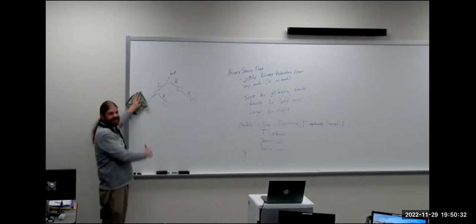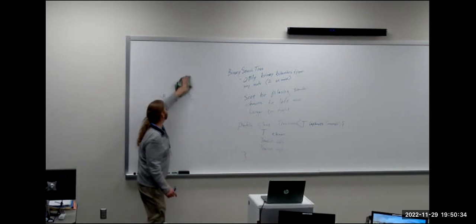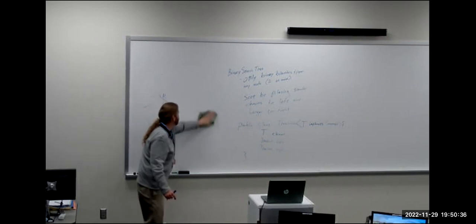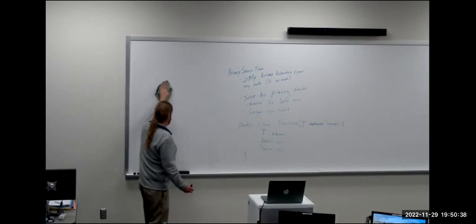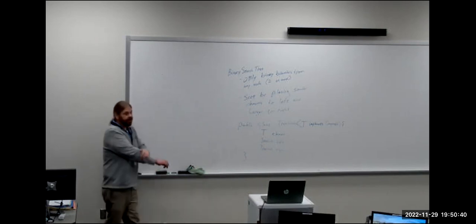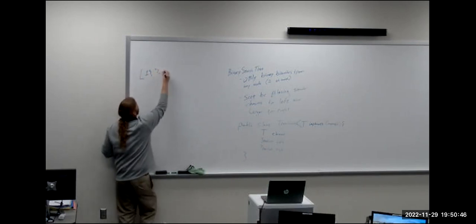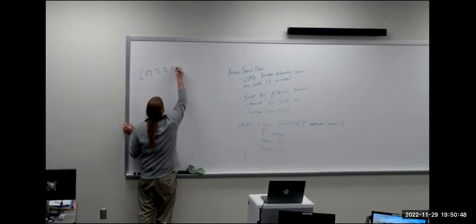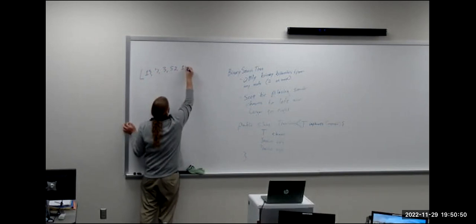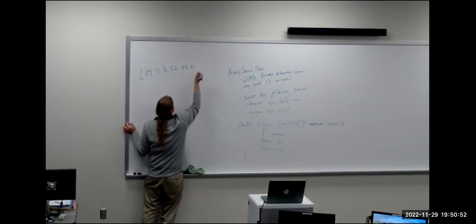So this was just a quick example of a binary tree. Let's do an actual example. So our data is just a bunch of data points. We could think of that like a list. Let's say 19, 7, 3, 52, 14, 8.